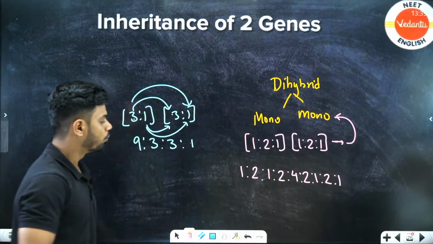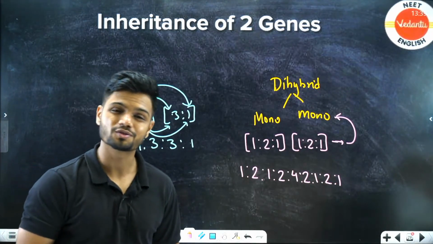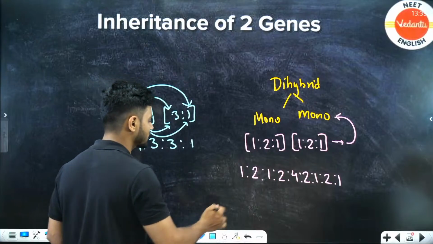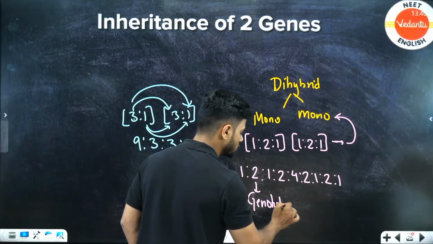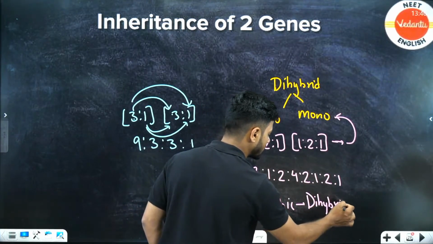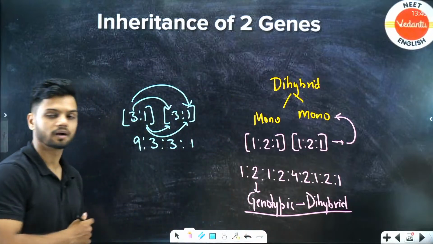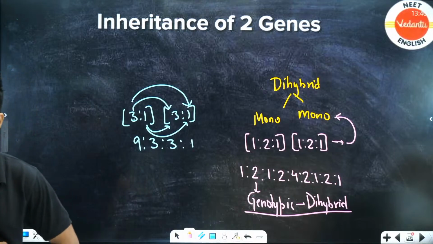So 1 is to 2 is to 1 is to 2 is to 4 is to 2 is to 1 is to 2 is to 1. That right here is going to be your genotypic ratio of dihybrid. Understood, students?